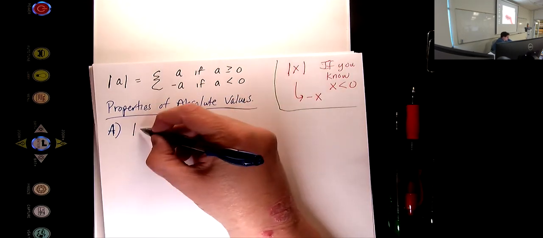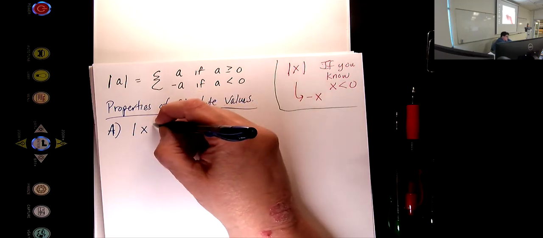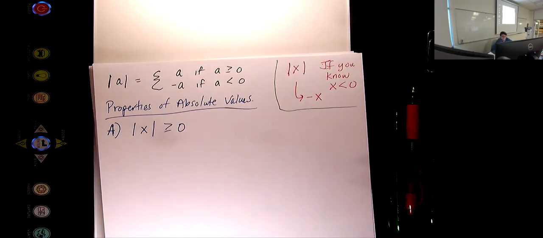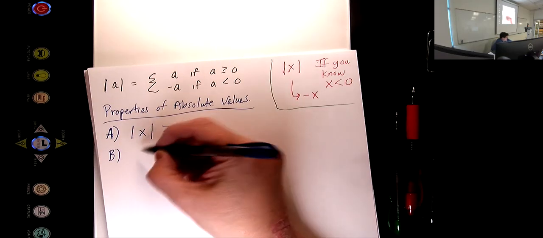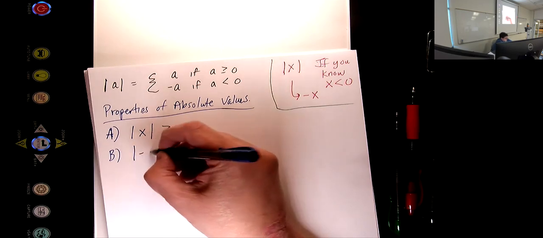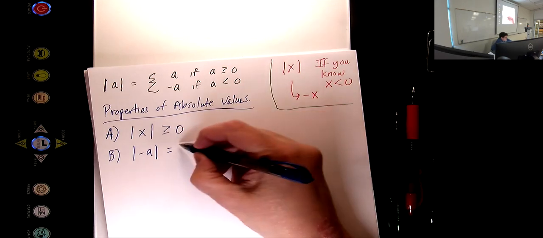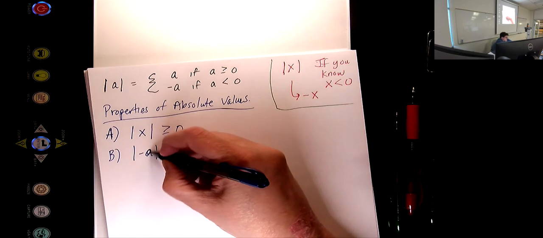The absolute value of X is greater than or equal to 0, which we said already. Another one we've said already, and it's clear from the example we did with the -2 and +2, is that the absolute value of negative A is the same thing as the absolute value of A.